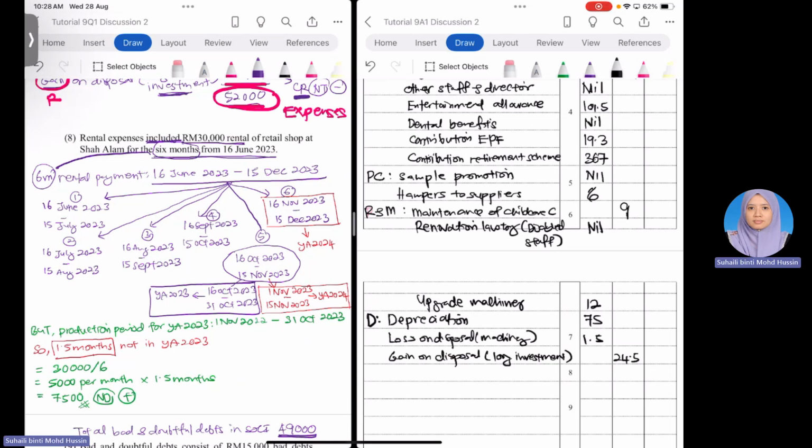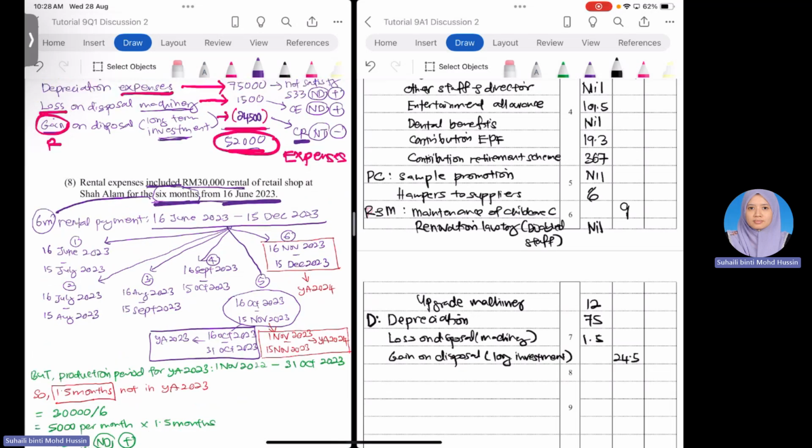Okay, they paid the rental 30,000 ringgit for 6 months, but they started paying on 16 June 2023. So the first month's rental is 16 June 2023 until 15 July 2023.